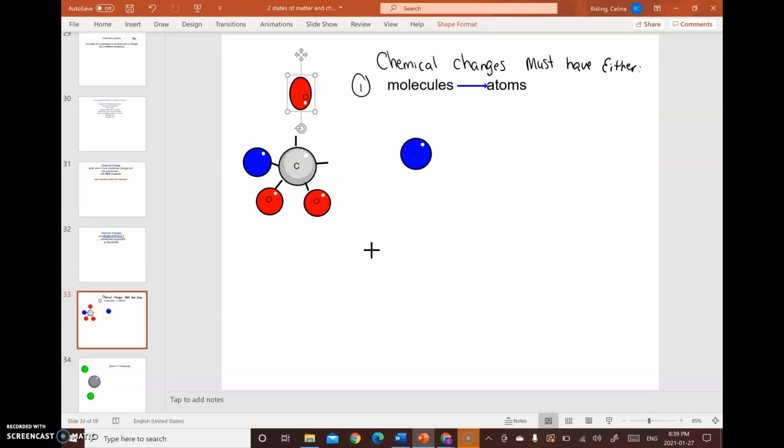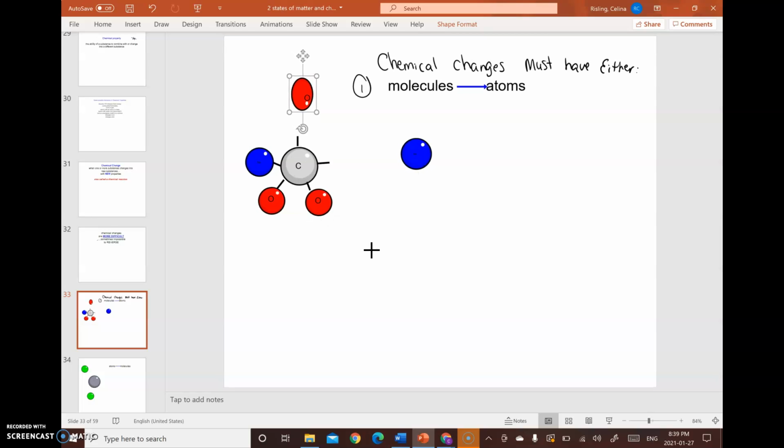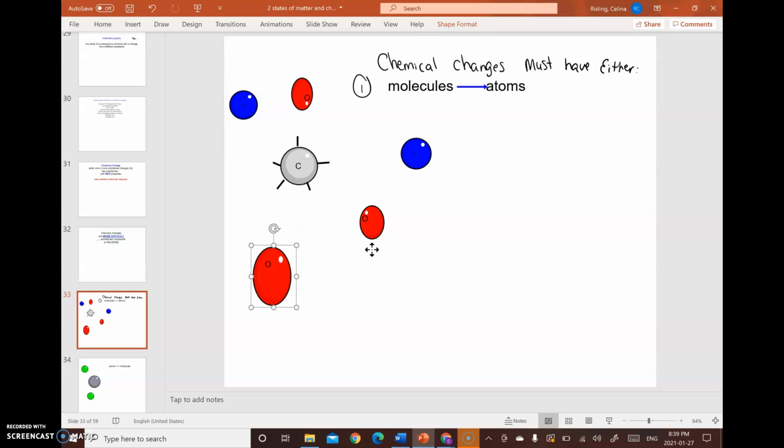This molecule, and in fact it's a compound because there are different atoms, is going to break apart. Ooh, these atoms aren't looking very good anymore. Oh well. Okay, so they're going to break apart, and now we have all these single atoms. We know a chemical change happened because this compound broke apart and we have something brand new.